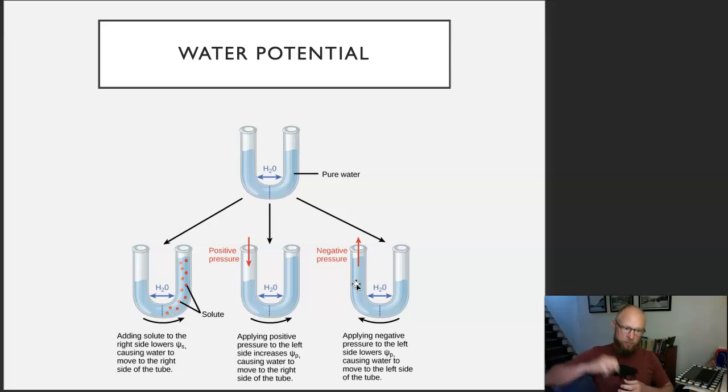And so if we pull on some of those water molecules, it pulls on the other ones and it reduces the potential energy. And so what happened here is when we put a negative pressure on the left side, water moves from the right to the left. All right, so anytime we reduce the potential energy, water is going to move in that direction. So this helps us understand the movement of water in plants.